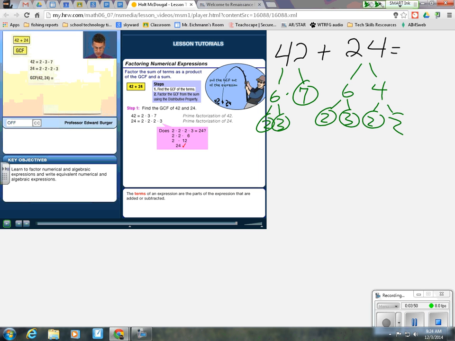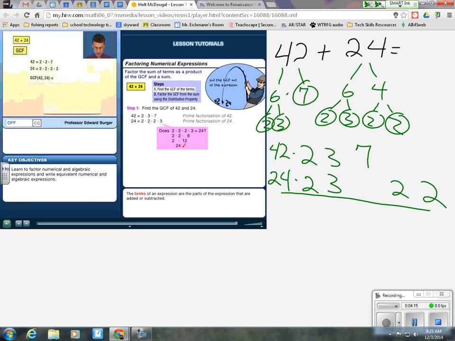So he came up with all of these numbers. For 42, he came up with 2, 3, 7. For 24, he came up with 2, 3, and then 2, 2. Remember, I kept these columns separate, right?